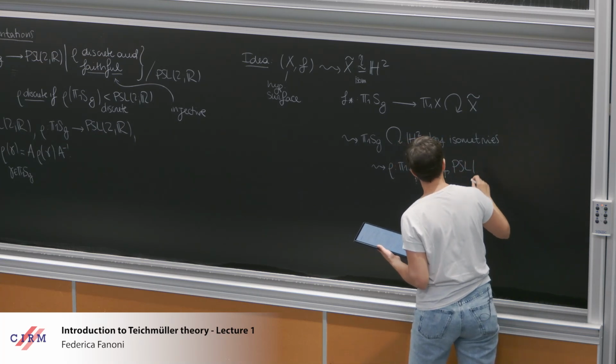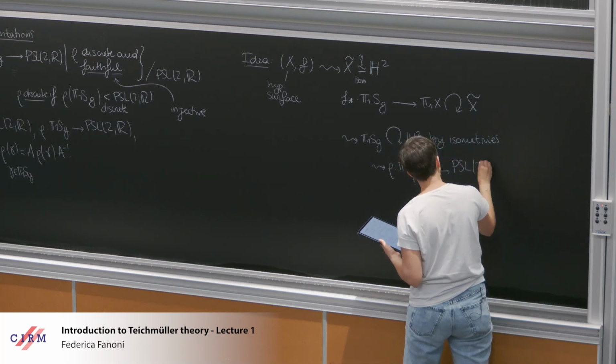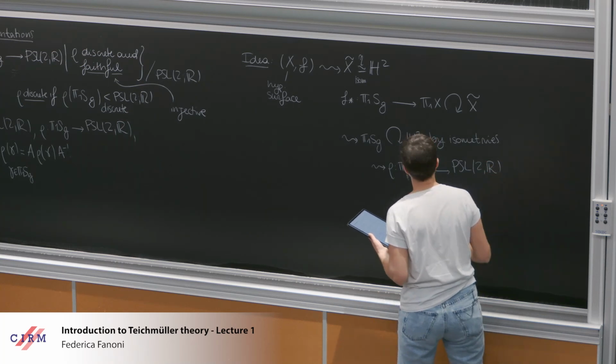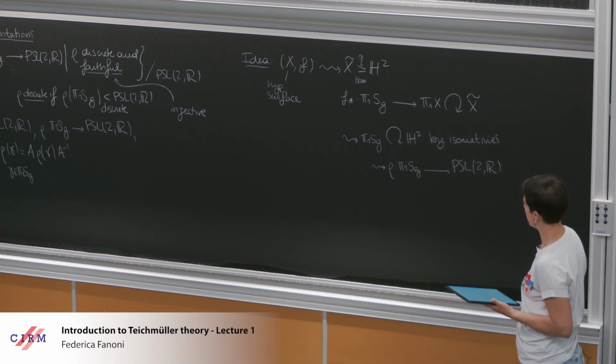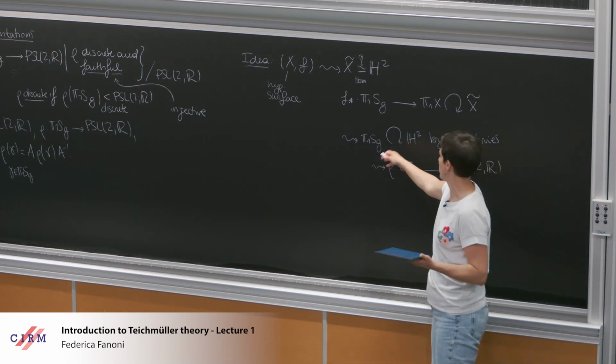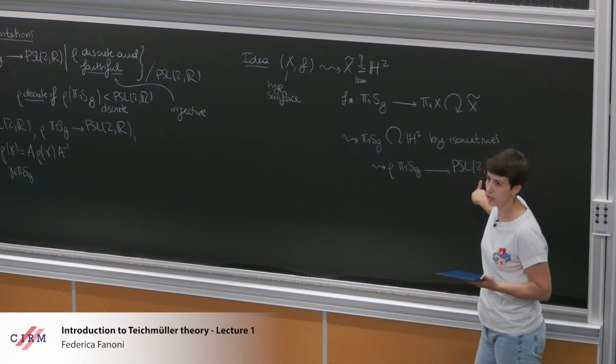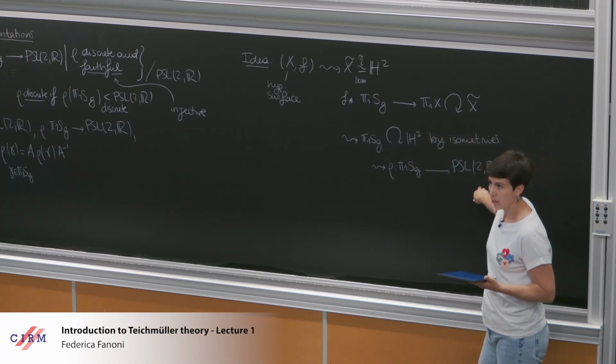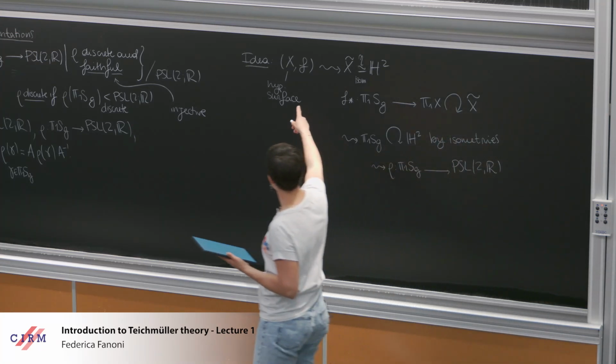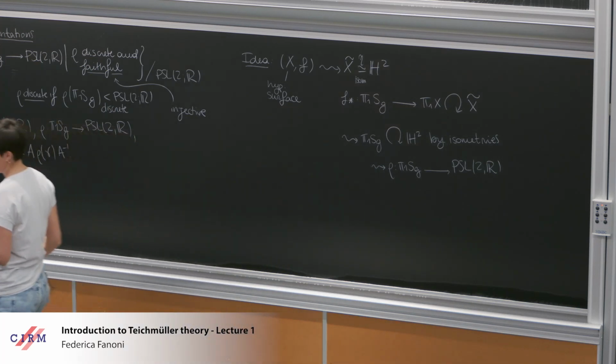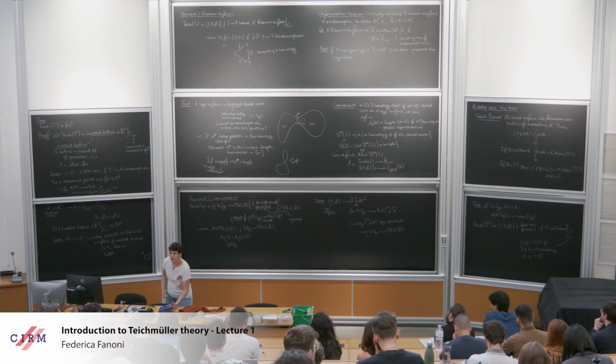I had not put the P before, but I hope you'll forgive me. So I can see this is a group of isometries of H2, so I can identify it with the subgroup here. And that's how you start with a hyperbolic surface and construct a representation.